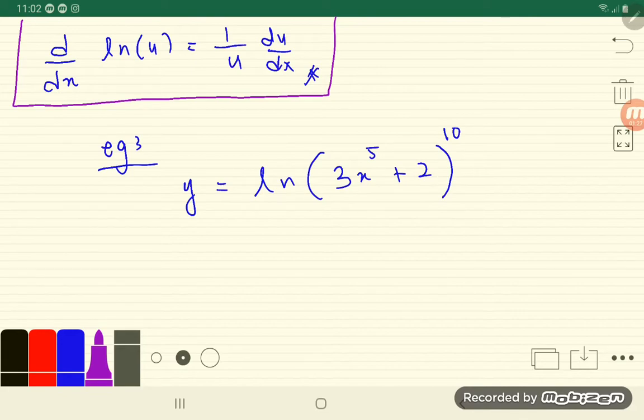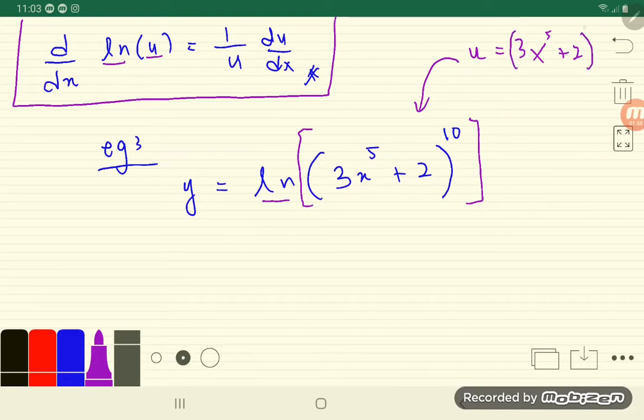So based on the example here, we have ln u, and we are supposed to get here also ln, and all of this value that I put into the bracket here is actually the value of your u. This is the value of u. So you can say that the value of u here is equal to 3x to the power of 5 plus 2, to the power of 10.